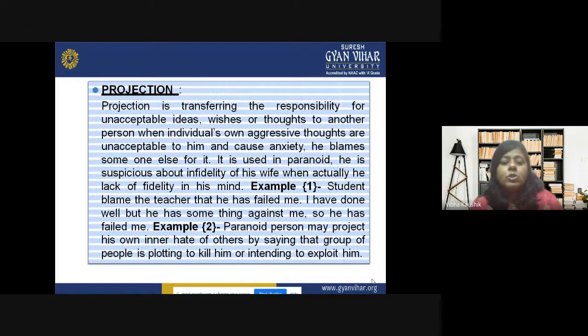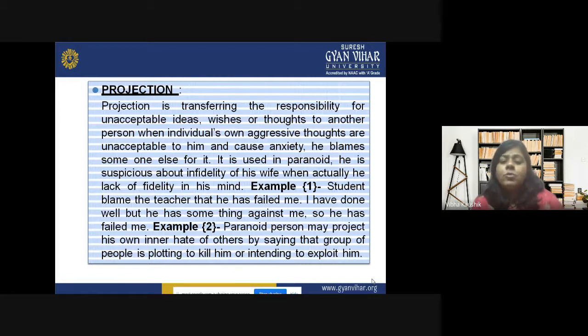Example 1: a student blames the teacher, saying that he has failed me. Now, the student is not thinking why he failed. He failed because he did not work hard. But what he is doing is using the defense mechanism of projection.